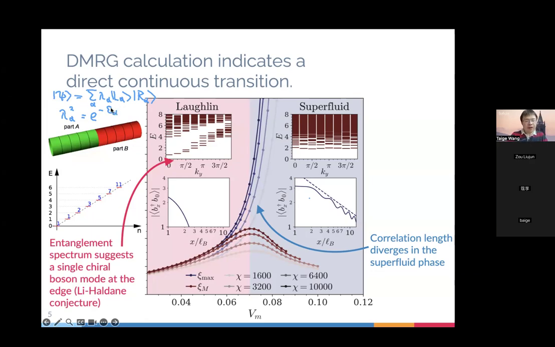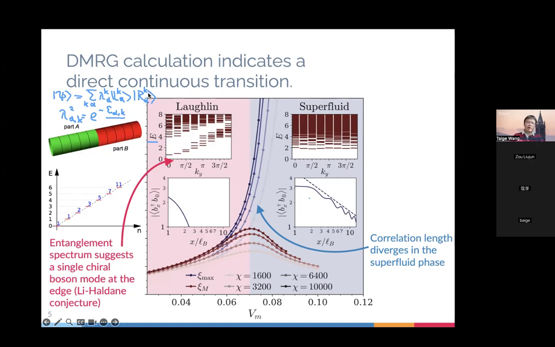So epsilon alpha will be the entanglement energy. And you can resolve everything in momentum, so you can have a momentum label in all of these, meaning how much momentum there is within the left and right sector. Then you can plot this epsilon alpha k, which is precisely what I plot here.